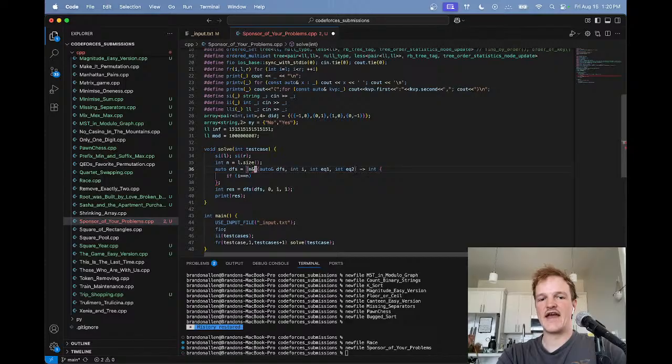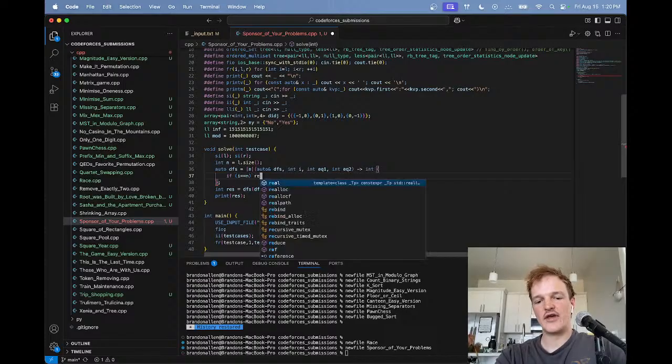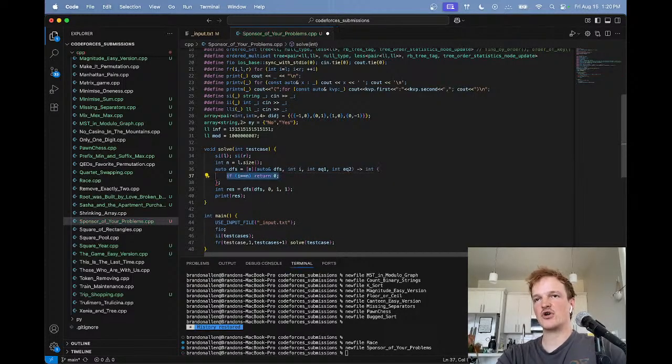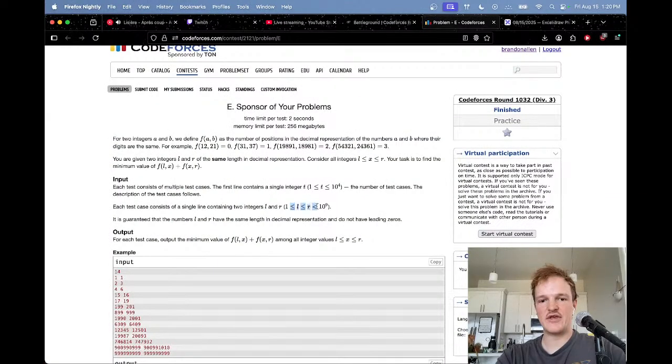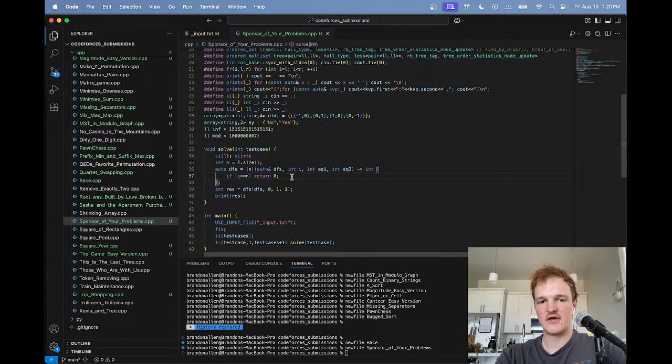Or do I just say n? I just say n. Okay. If I equals n returns 0, that means you're looking at an empty string and it will definitionally share no characters with L or R. Okay. L has to be less than or equal to R. Perfect.